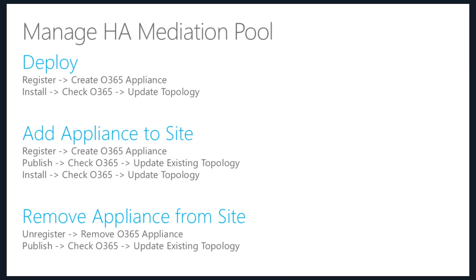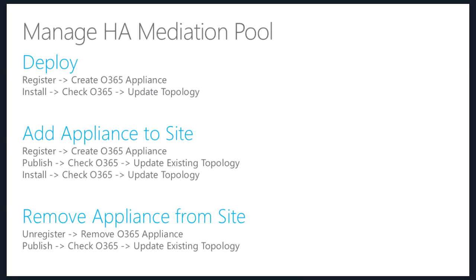Now, let's take an example where we have a Cloud Connector deployed today in a site, but it's only a single. And now we've decided, hey, I want to add some high availability to this. So in this particular site, I want to add a second Cloud Connector. Well, what do we do? As you would guess, the first step is to register that new Cloud Connector appliance to Office 365.